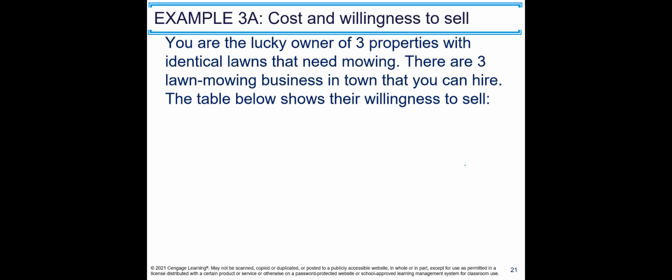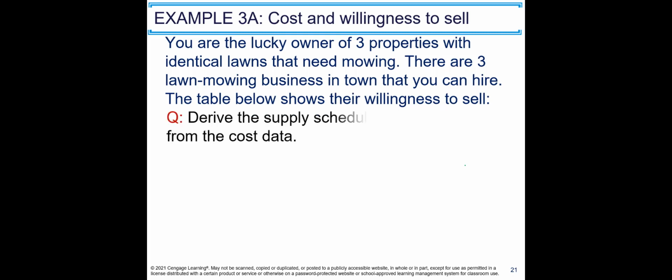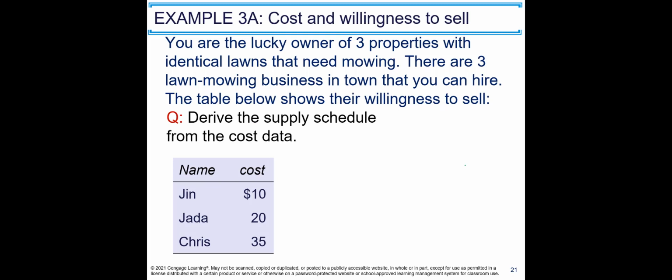Let's see this example. You are the lucky owner of 3 properties with identical lawns that need mowing. There are 3 lawn mowing businesses in town that you can hire. The table below shows their willingness to sell. First, derive the supply schedule from the cost data. Jean, cost is $10, Jeda, $20, Chris, $35.